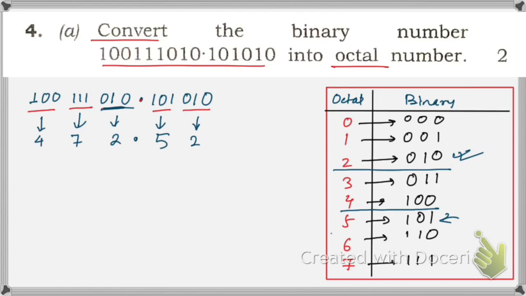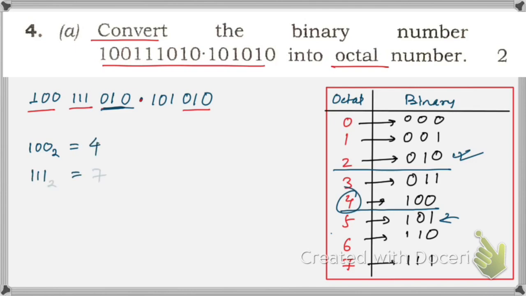But in the exam, don't show it this way. Let me show you the proper way to write the answer. Just cut it, right? This is equal to what you have got. 100 is equal to 4. Then 111, that's going to be 7.